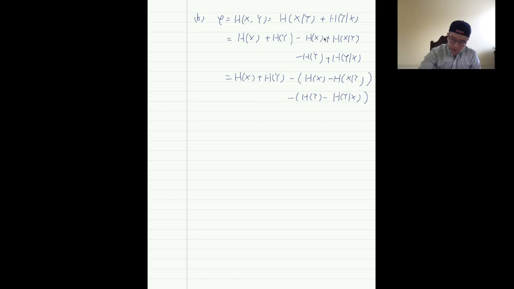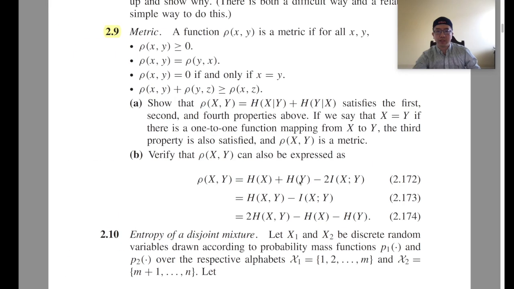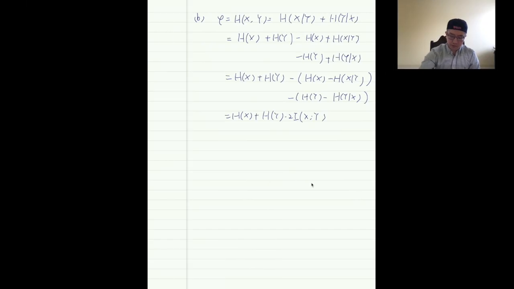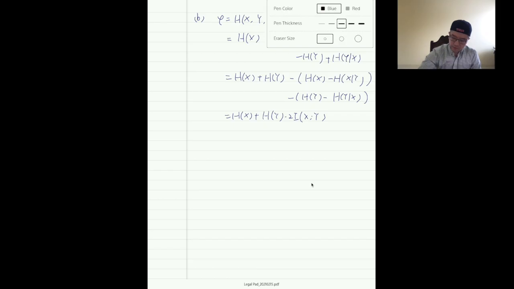And then we can get H(X,Y) minus the mutual information between X and Y. So that'll be 2 times the mutual information, and we can see that is basically the first term. Okay, and we're done. So this is the first formula.